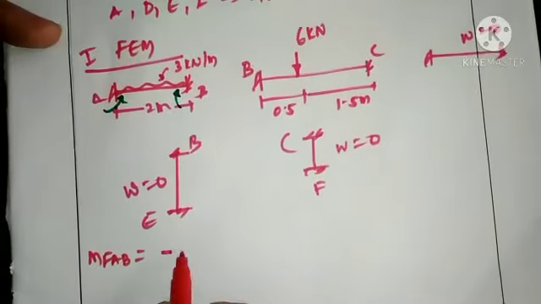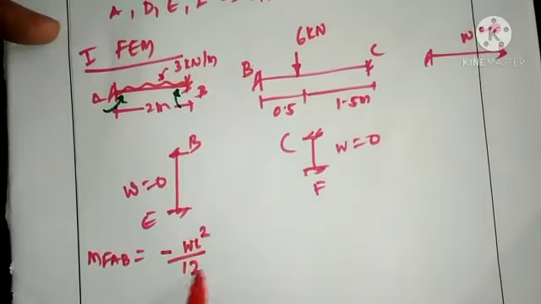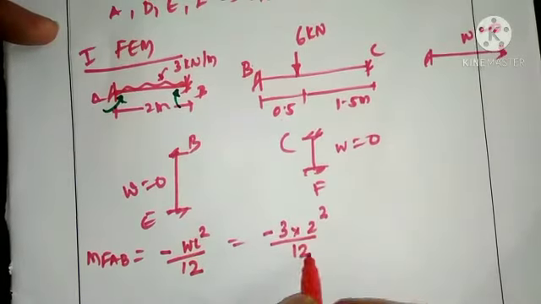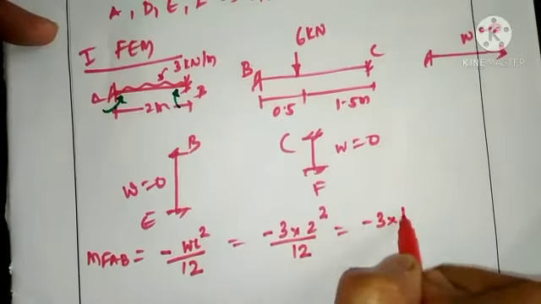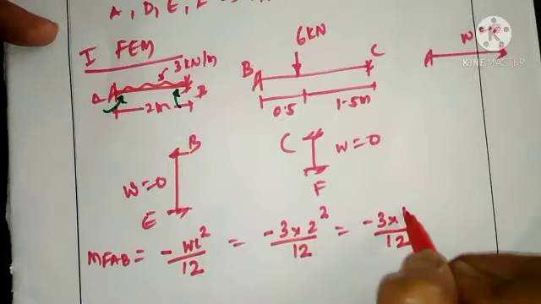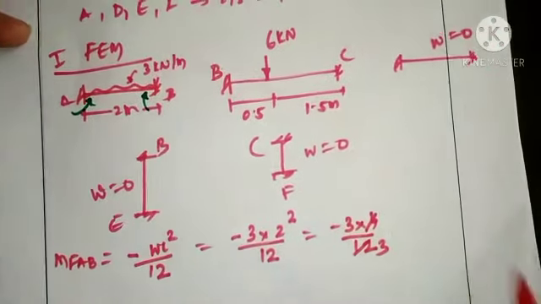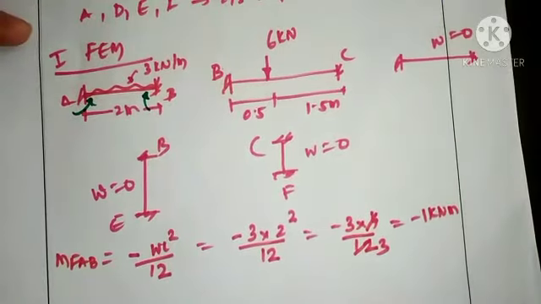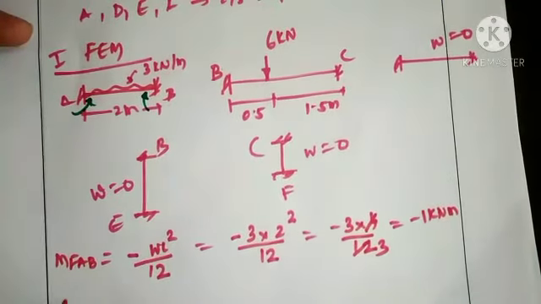So this will be minus WL square divided by 12, which is minus 3 into 2 square divided by 12, which is minus 3 into 4 divided by 12. Four ones are 4, threes are, and which will be minus 1 kilonewton meter. So this is the fixed end moment at point AB.